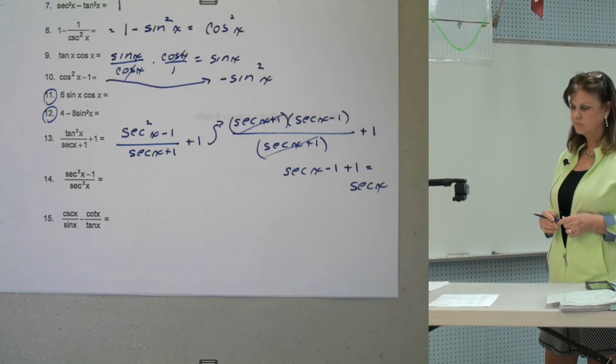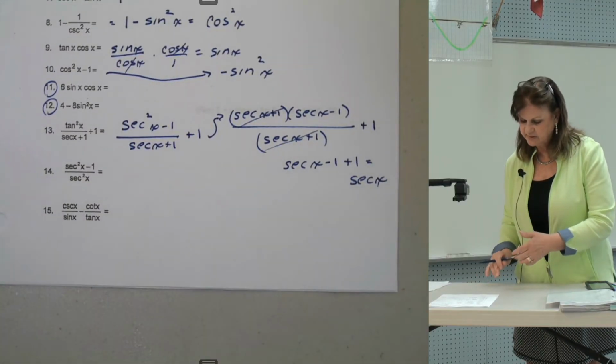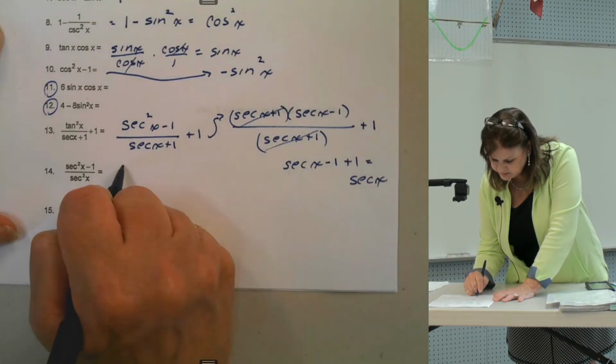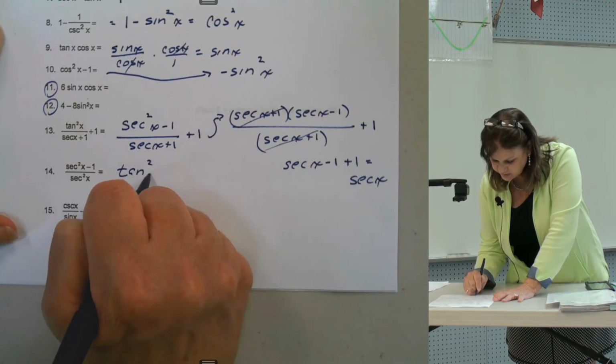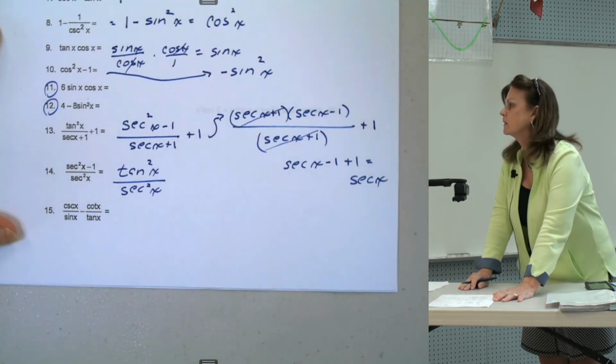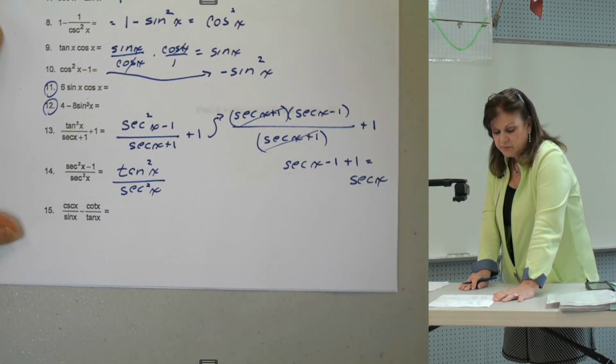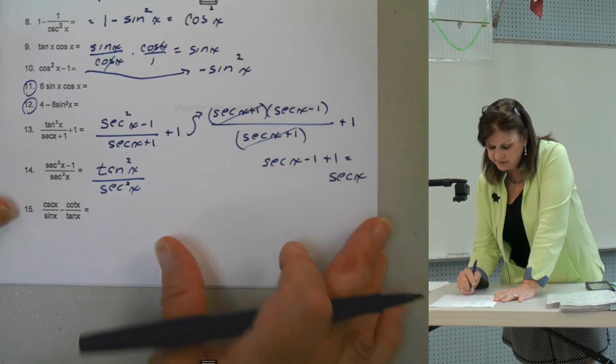Okay. All right, 14. Again, here's those alarm bells. Secant squared x minus 1. Well, clearly that is tan squared x. So I've got tan over secant squared x. So now I'm going to what? Change their identities.